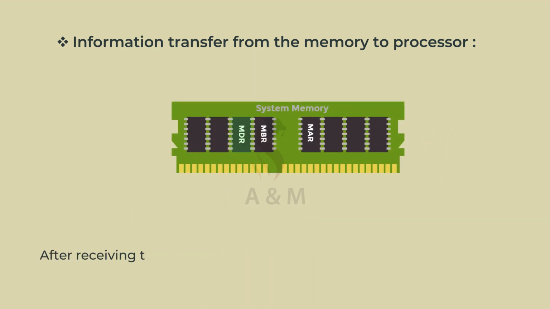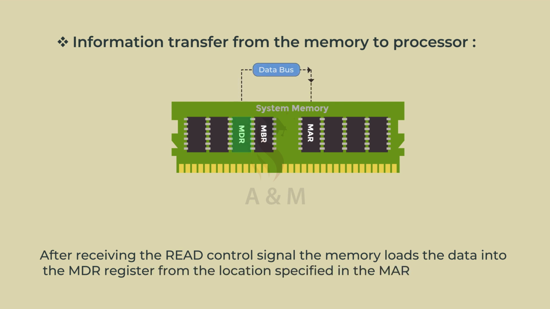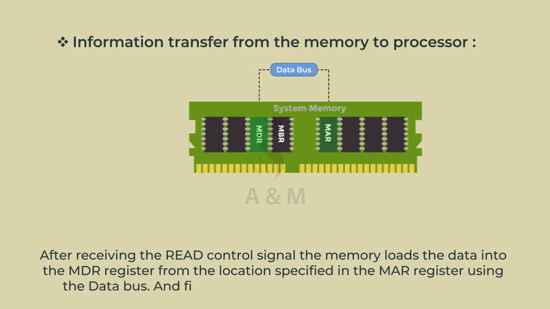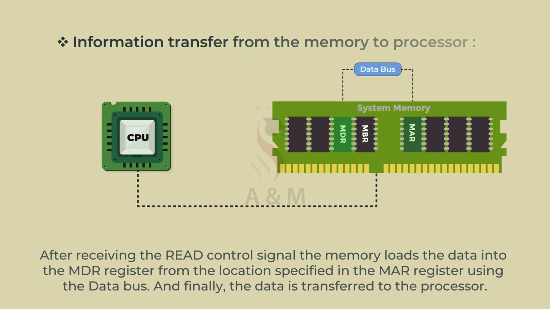After receiving the read control signal, the memory loads the data into the MDR register from the location specified in the MAR register using the data bus. And finally, the data is transferred to the processor.